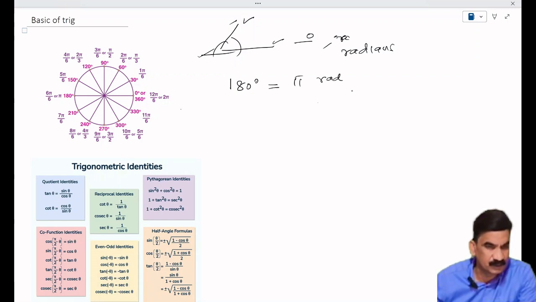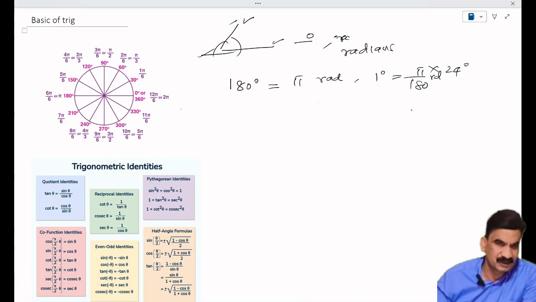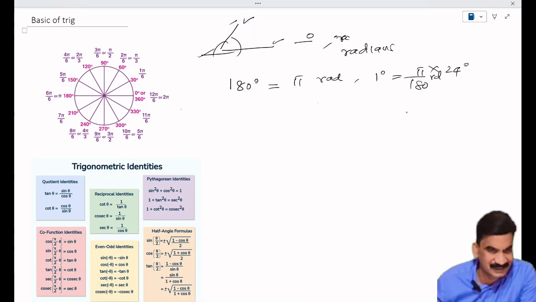That's all you need to remember. So I can write 1 degree is equal to pi by 180 rads. If you want, let's say, 24 degrees to be converted, simply multiply it by pi by 180. I'm leaving the algebra to you, considering that you guys are at this level.